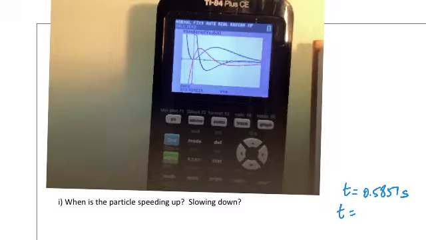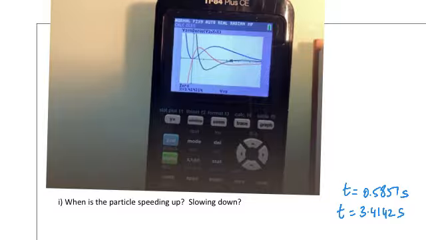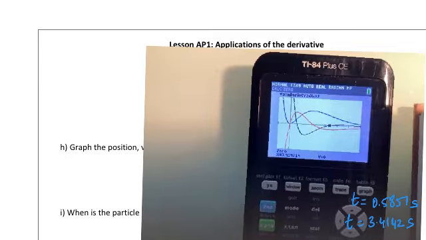Sounds like pi, but no, that's 3.14. 3.4142 seconds. Okay, so those are our 2 times when the acceleration hits 0.